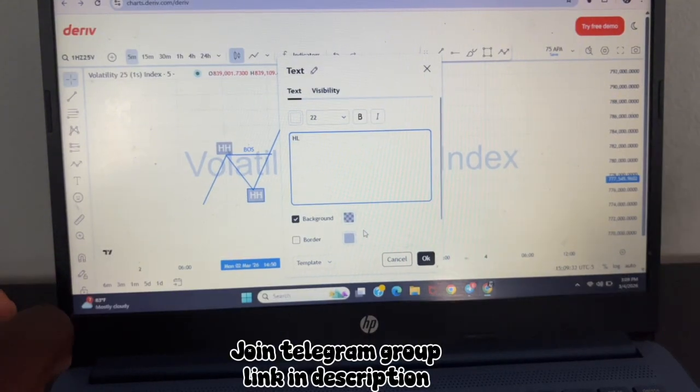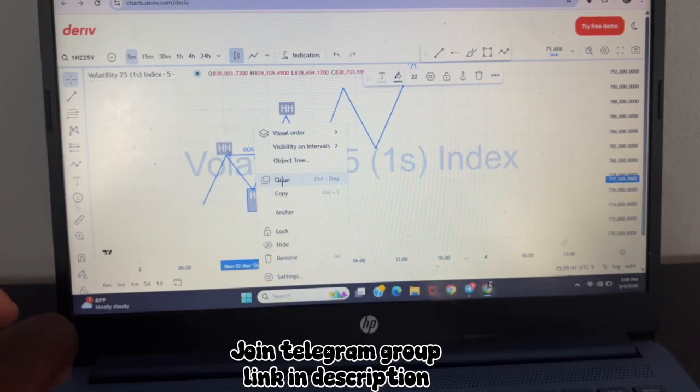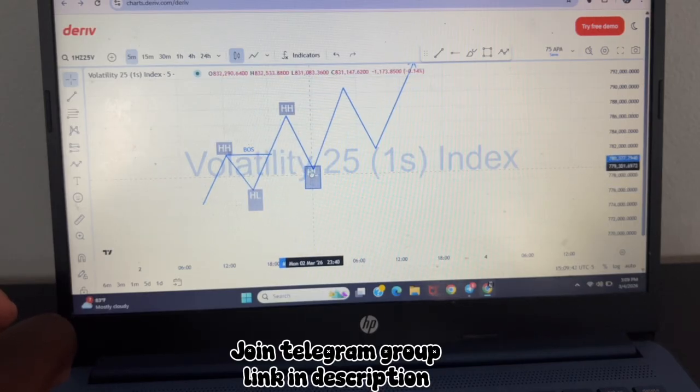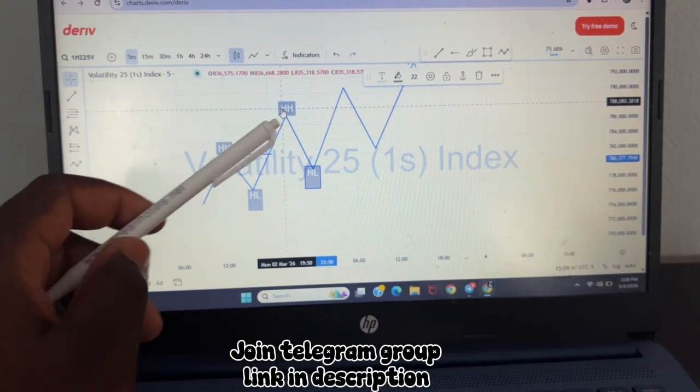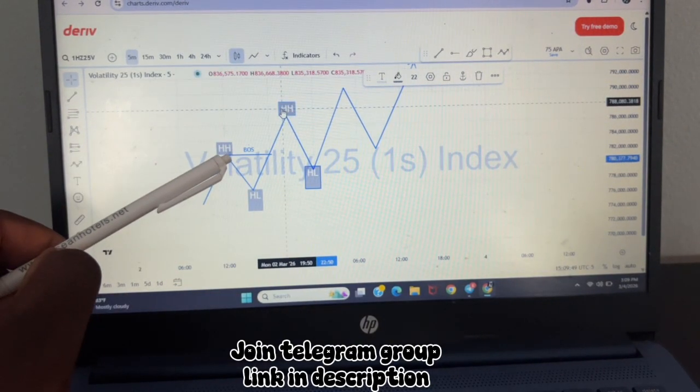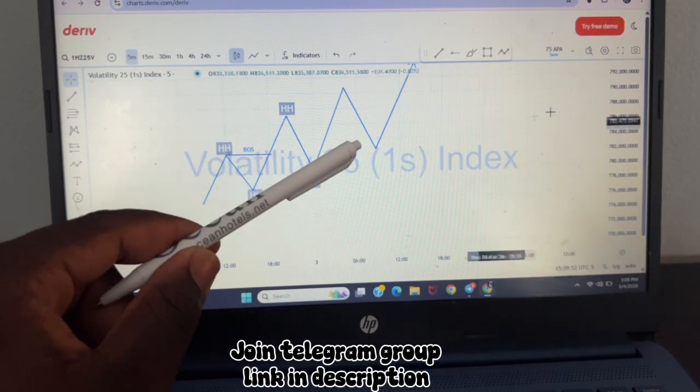The market pushes up and gives you a higher high, pushes down and gives you a higher low, pushes up and gives you a higher high. The reason this is a higher high is that it's higher than this high right here, and it gives you a break of structure to confirm that the market will be going up.